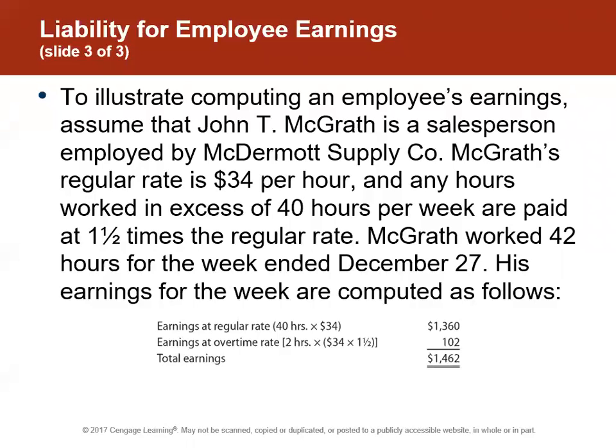To calculate his total earnings, or what we owe him, he worked 40 hours at his standard $34, so $1,360. Then for overtime, we take 34 times 1.5 to get an overtime rate of $51 an hour, and he worked 2 hours of overtime, so that's an additional $102. So his total earnings are $1,462.